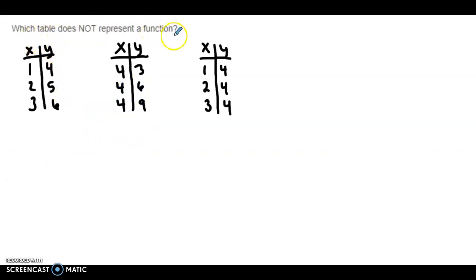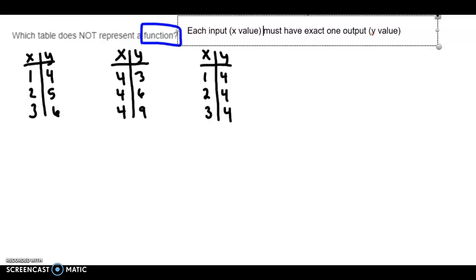Which table does not represent a function? All right, in order to do this, we need to know what it means to be a function. For it to be a function, each input has to have exactly one output. That's a lot of words, but here's what it means. I typed it up here for us: each input has to have exactly one output.